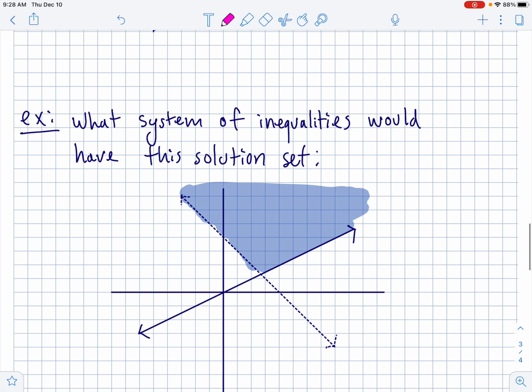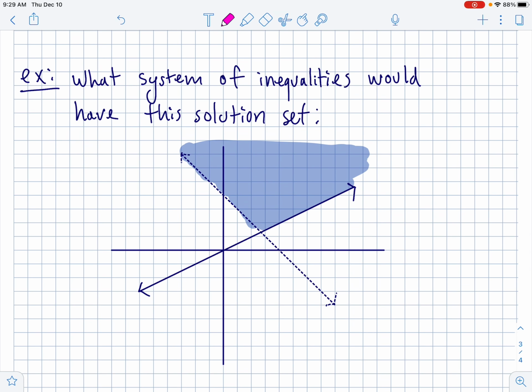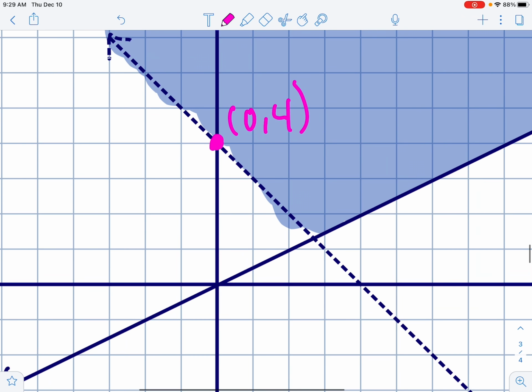Next up, what system of inequalities would have this solution set? Well, let's think here. I notice that the dashed line crosses at (0, 4), and then if I look at just the slope, you can count by whole numbers and say this goes down 2 over 2, or you could go smaller and say that this goes down 1 over 1.